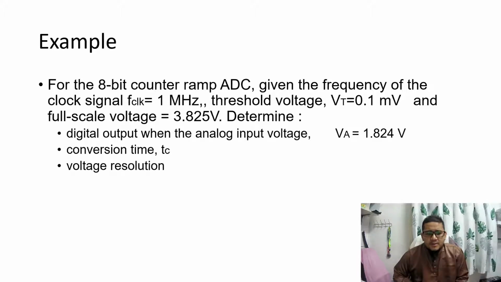Now determine the digital output when the analog input is VA equal to 1.824. Okay, kita nak dapatkan berapa value digital output kita bila mana input kita 1.8. Okay, and then conversion time kita berapa, and then voltage resolution kita berapa.